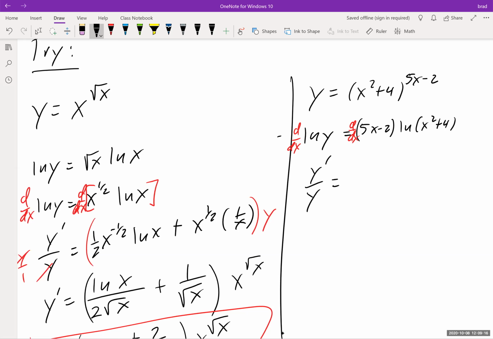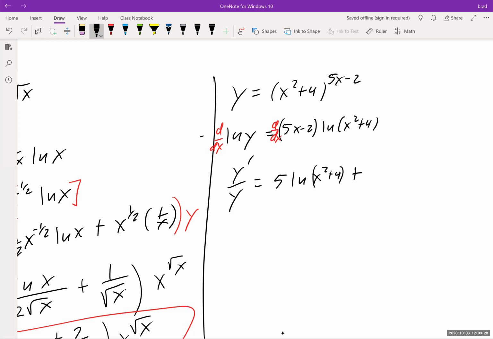Once again, very common, this will be a product rule, which will be 5 times the natural log of x squared plus 4, plus 5x minus 2 times, oops, sorry, my mind got sidetracked, this would be 2x over x squared plus 4. I had forgotten, this is my u, so this is my u prime over u, right?